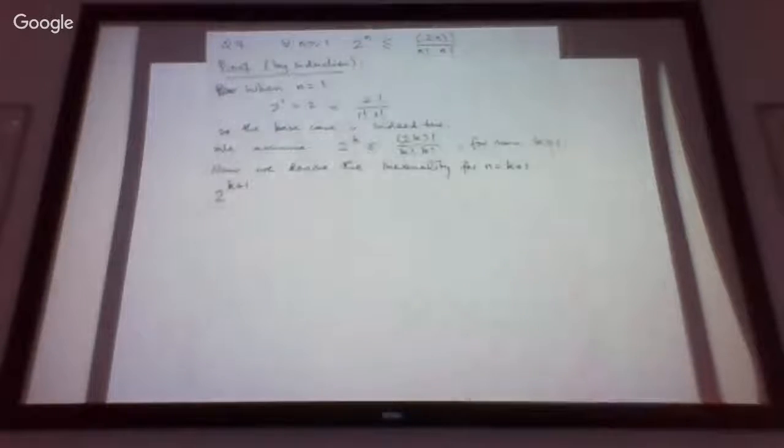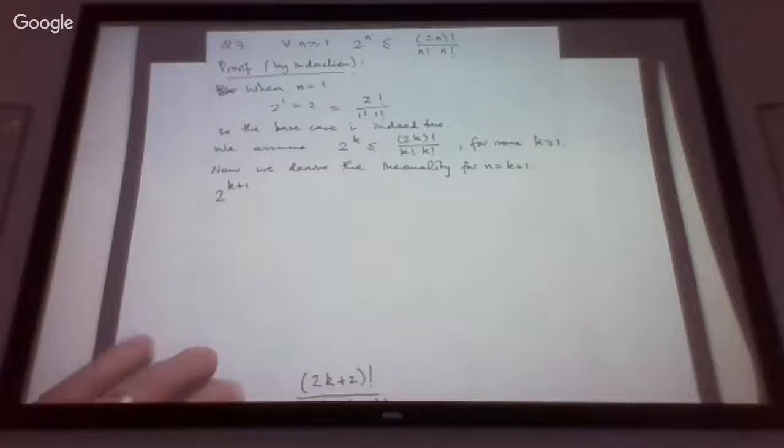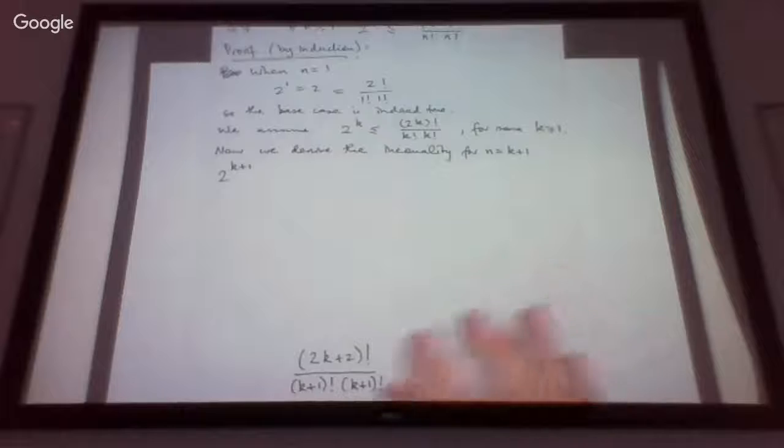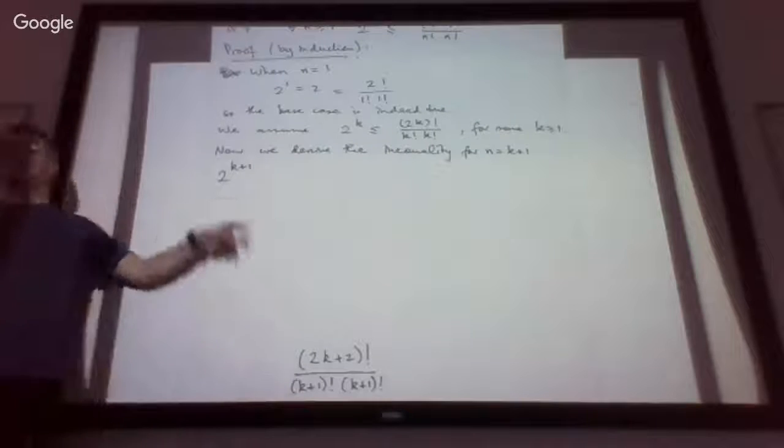Now to guide me in this, I will put down the required right-hand side here. So it's going to be the factorial of 2k plus 2, and the square of the factorial of k plus 1. And I've got to get from here to here.